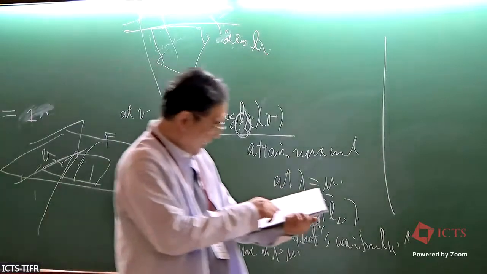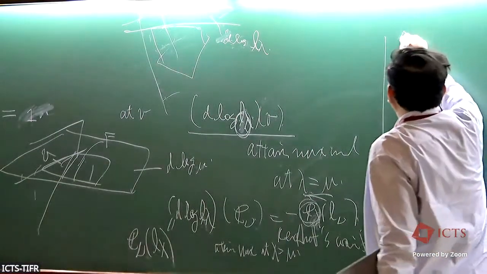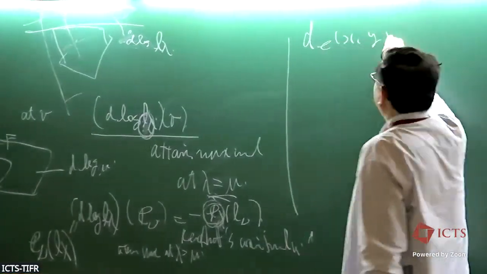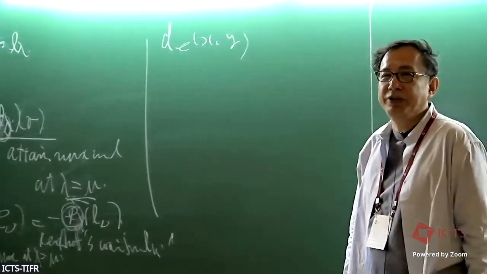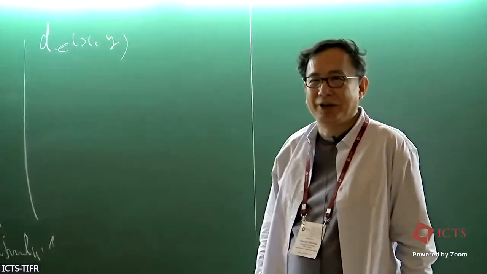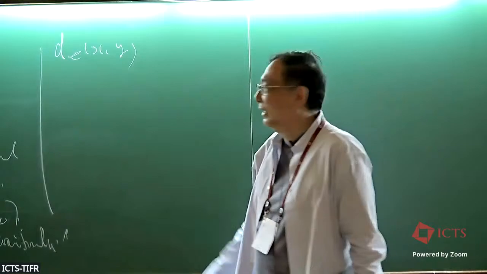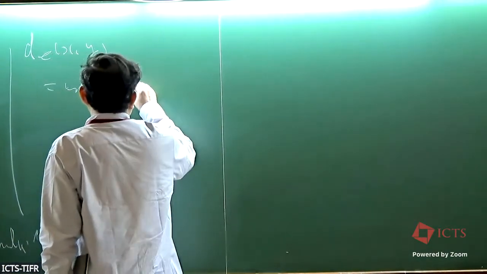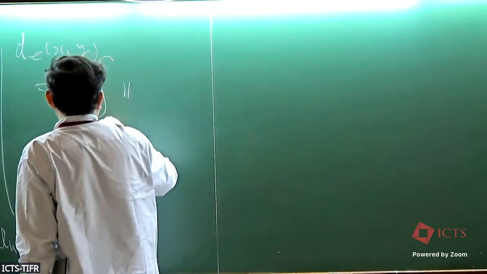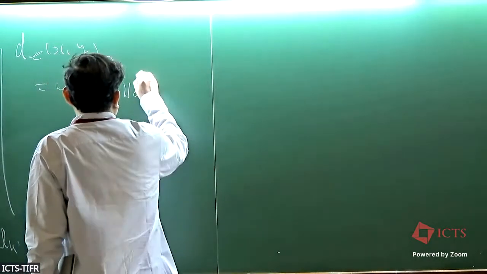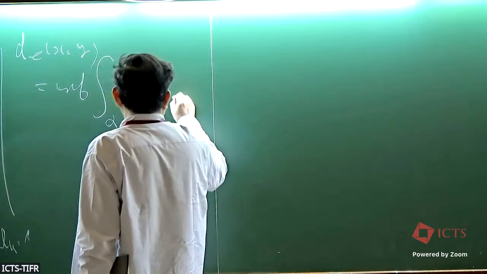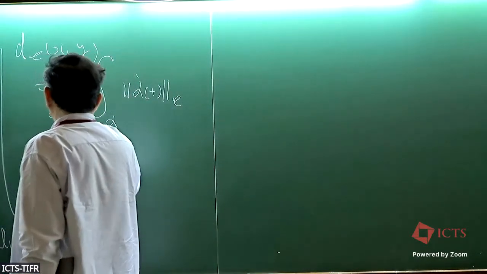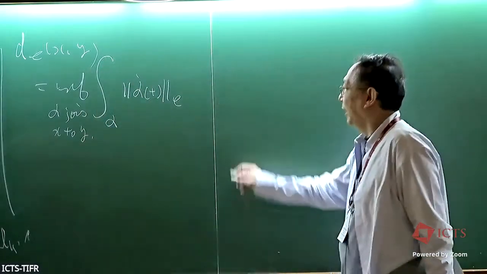Okay, and now this is just a norm. So the distance is just a Finsler metric with respect to this norm. It's just the infimum of the norm, where alpha joins x to y, dt.